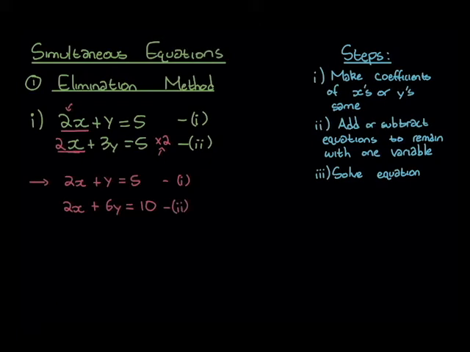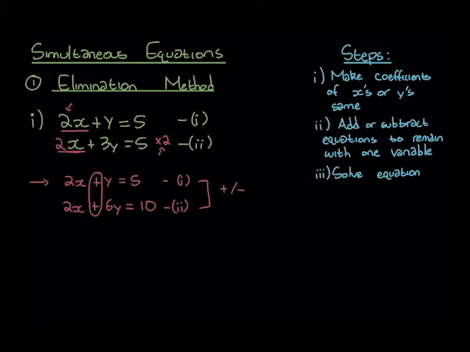The second step is to either add or subtract equations to remain with one variable. Essentially, we're either going to add these two equations or subtract them to get rid of either the x's or the y's. For this, I have a little trick you can use: we look at these signs here.